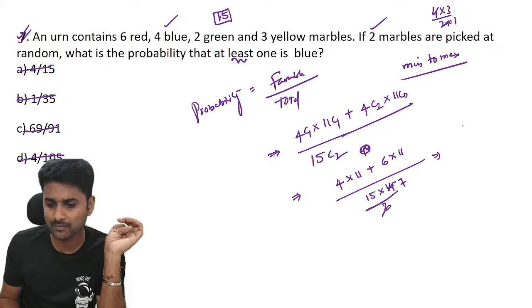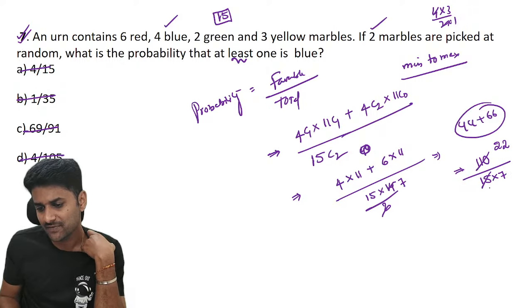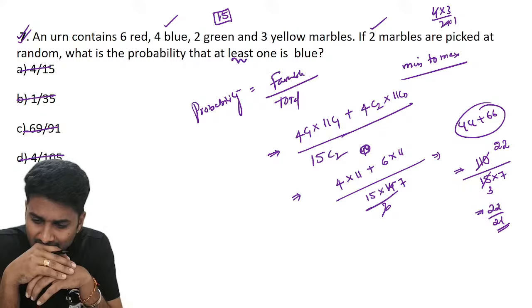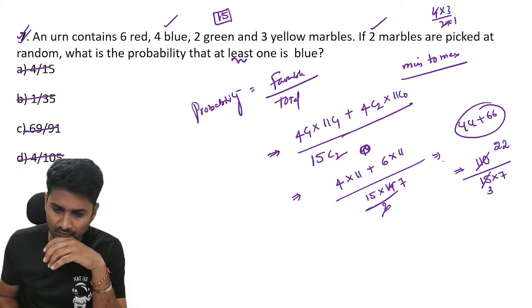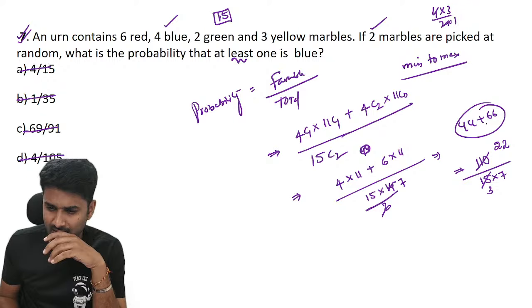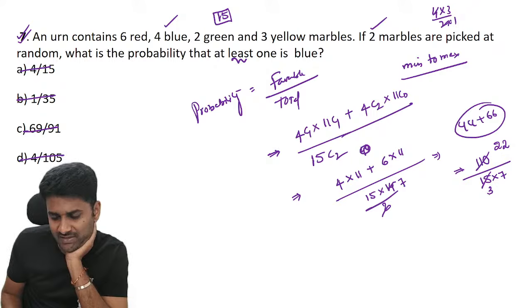Finally 44 plus 66, so the total favorable cases are 110 divided by 105.